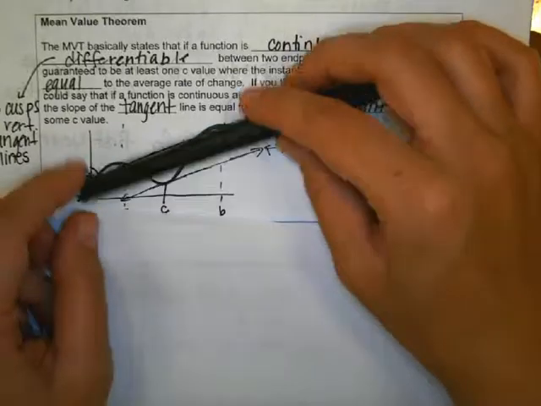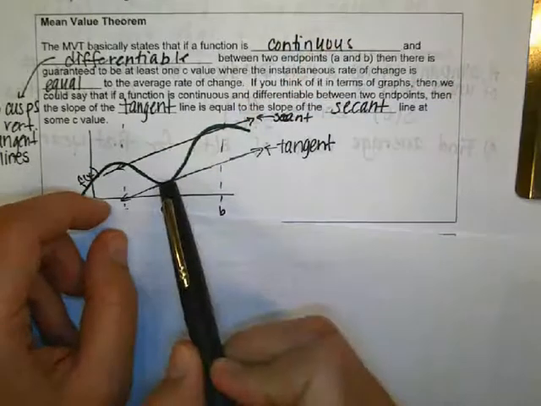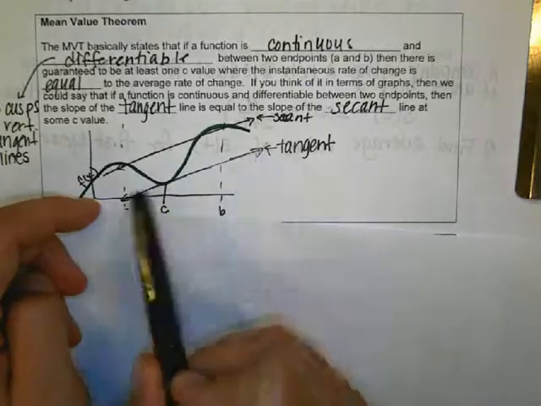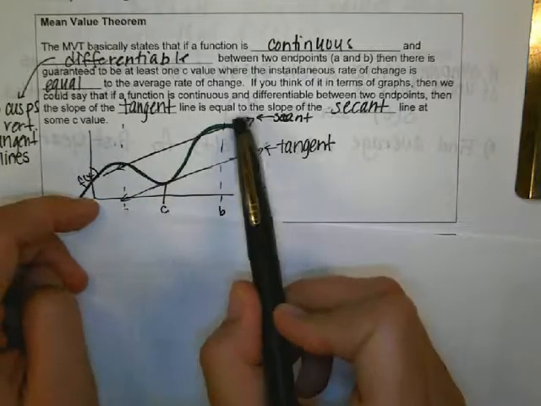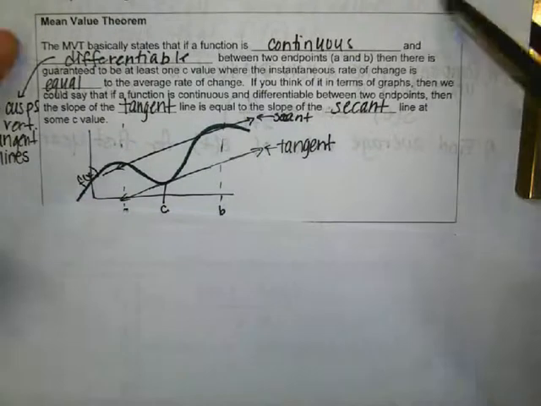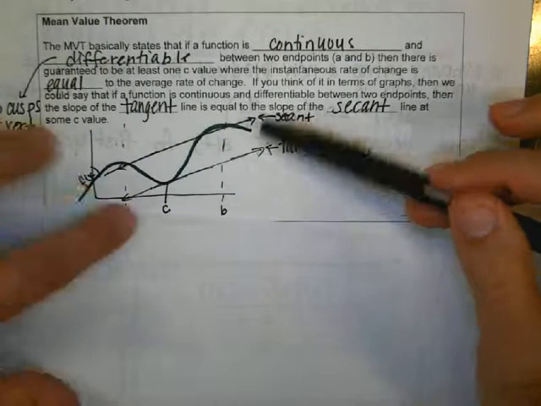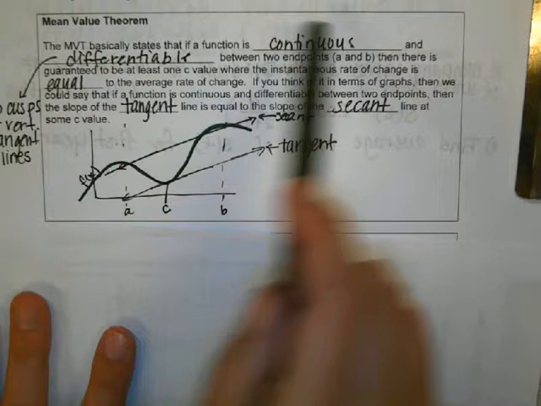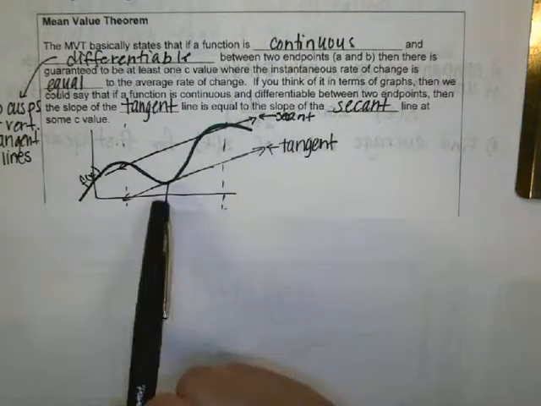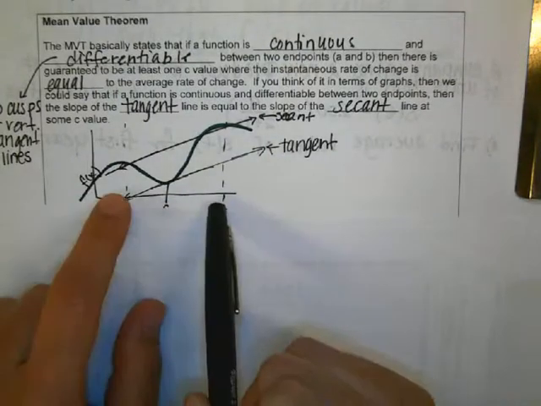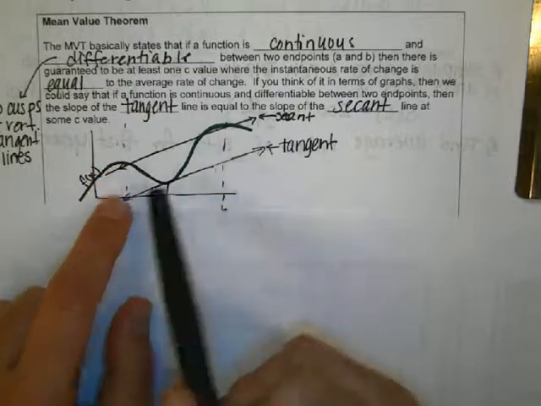If I draw in a tangent line at this spot here, the slope of that tangent line would match up with the slope of the secant line. So all the mean value theorem states is that if it's continuous and differentiable, there is at least one spot in between A and B where the average rate of change is equal to the instantaneous rate of change.